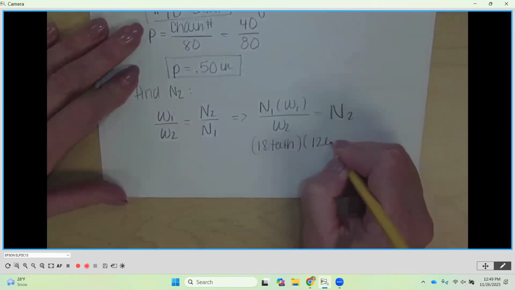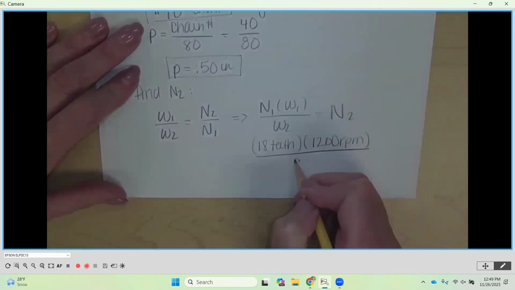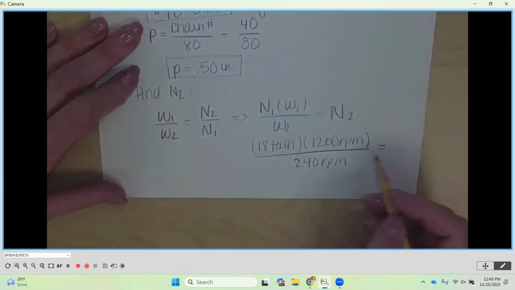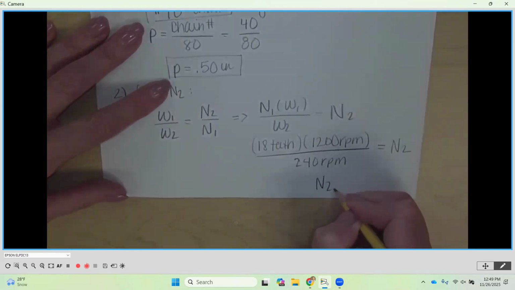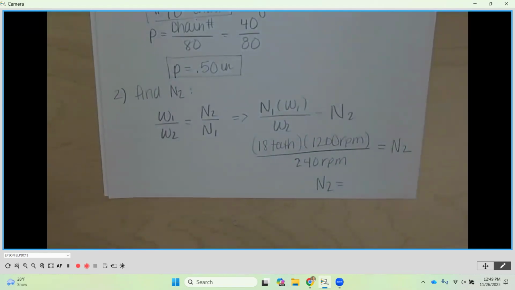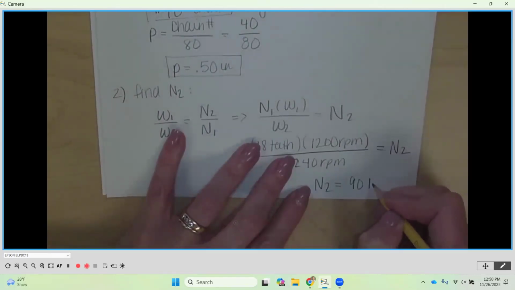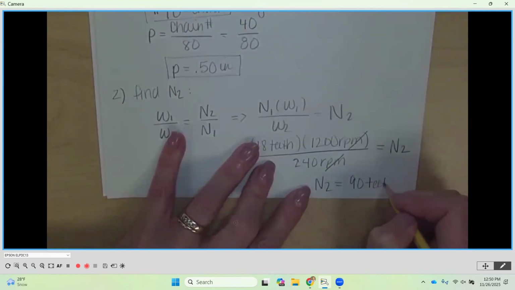So 1200 RPMs divided by 240 RPMs is going to equal our N2. So N2, what do we get? 90. And the RPMs cancel here, so that would be teeth.